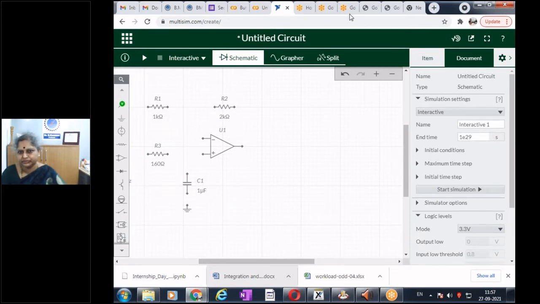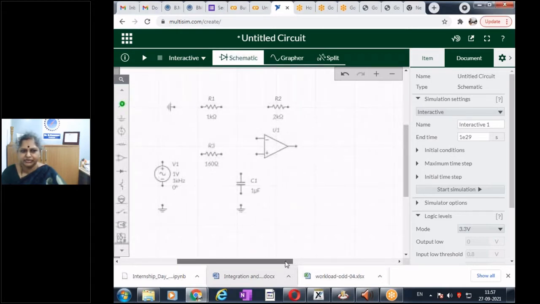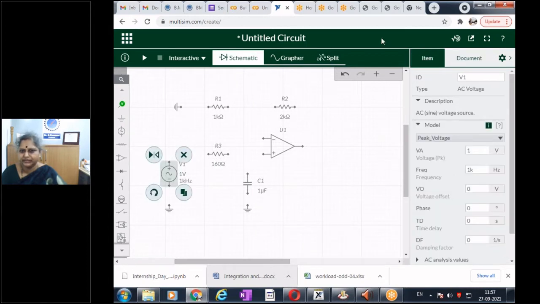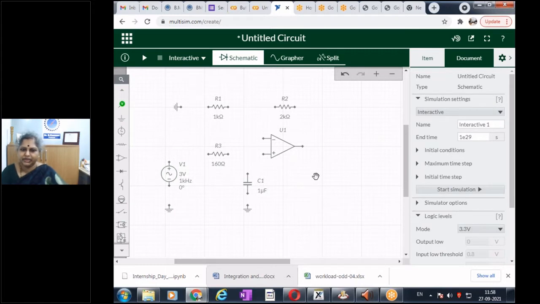And let me, just for getting a reasonably good output, make my input voltage as say 3 volts. So now I'm done with the components. Please note this is 1 kilo ohm, this is 2 kilo ohm, 160 ohm.